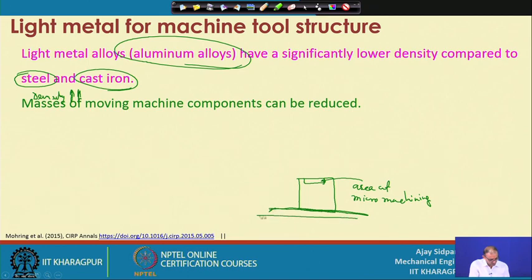Here you might have a lead screw, and this particular table is attached to it, and you have a motor which is rotating this lead screw. So, the whole thing will move. So, let us draw something like this. So, this is a very heavy object.